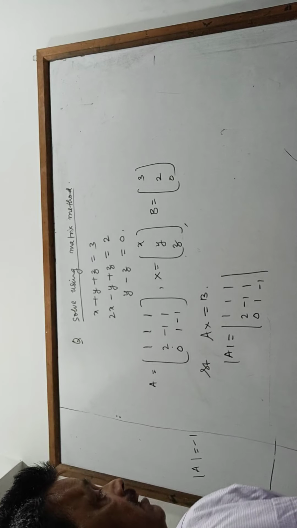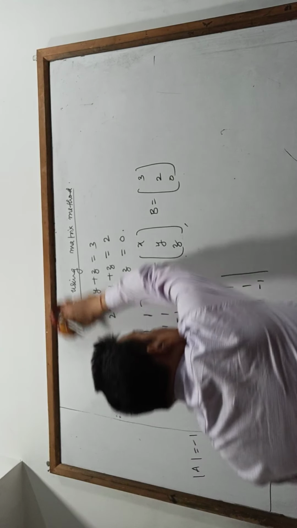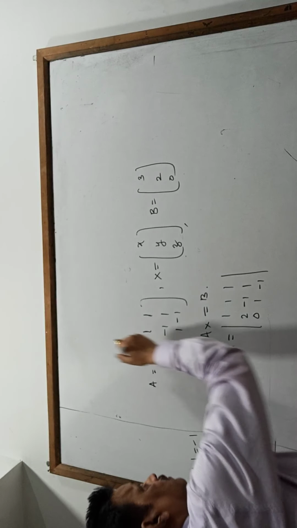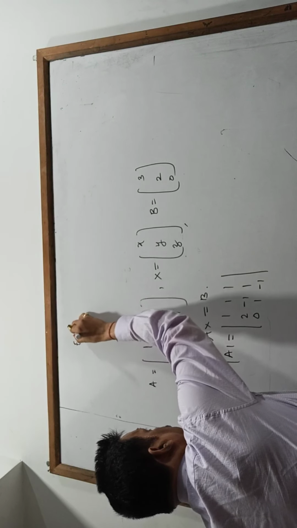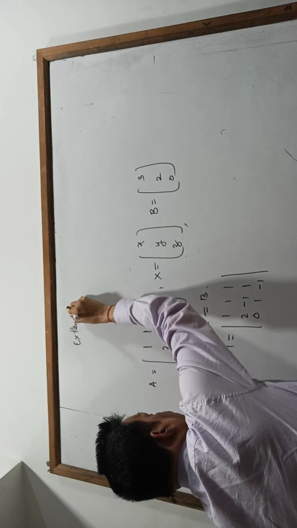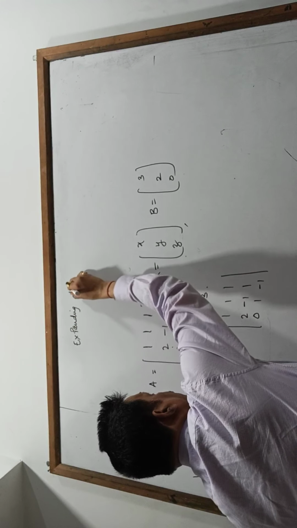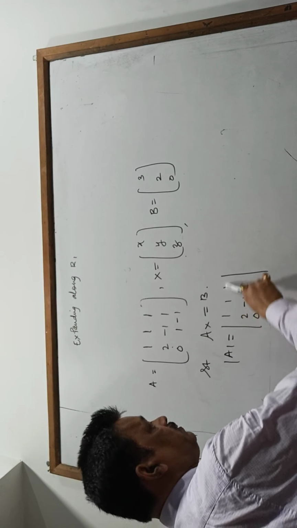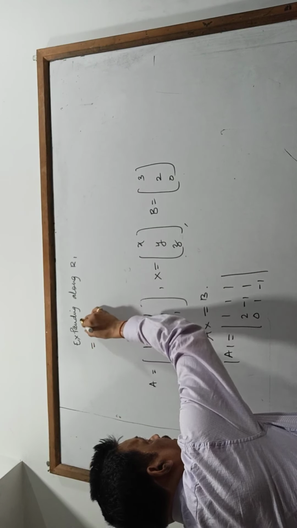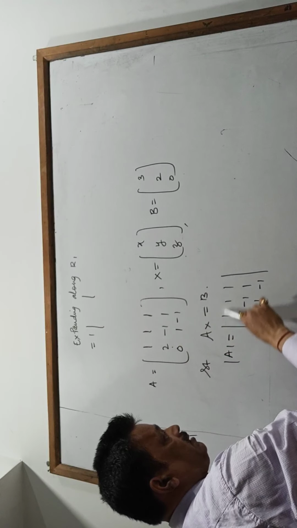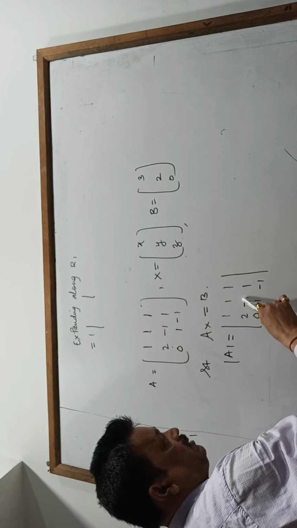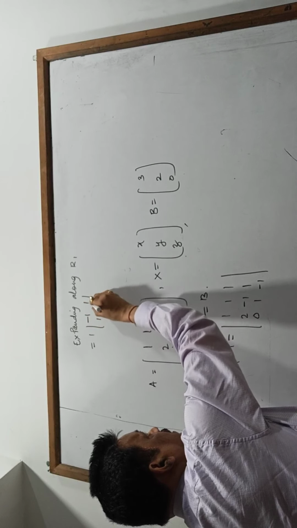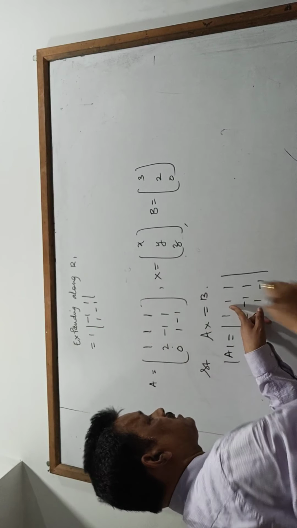Now expanding along row 1, suppose row 1 means this way, that is 1, its minor, forget this line. This is |-1 1; 1 -1|.